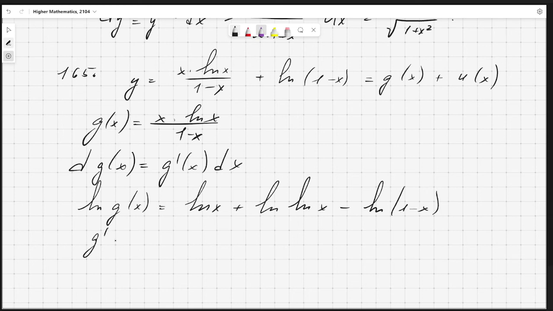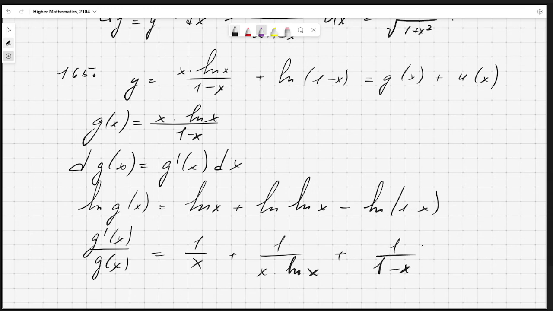In this case, g prime of x over g of x equals 1 over x plus 1 over x times the natural logarithm of x plus 1 over 1 minus x.